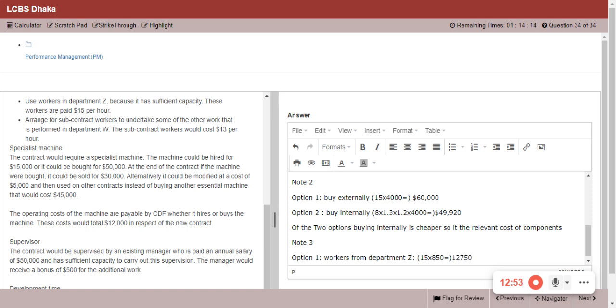That's option 1. Because Department Z has sufficient capacity, we're not stopping them from working anywhere, so there's no opportunity cost, and the direct pay is the relevant cost.